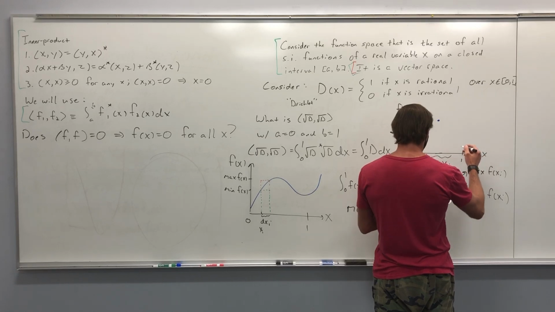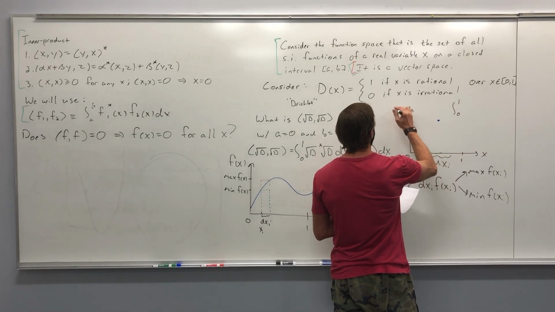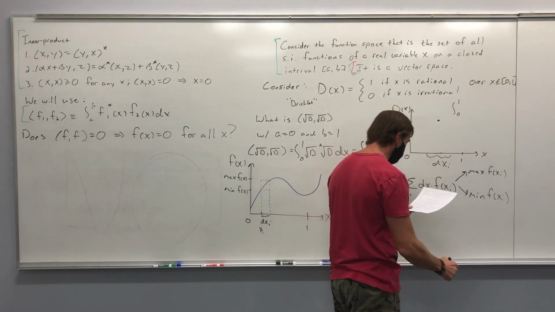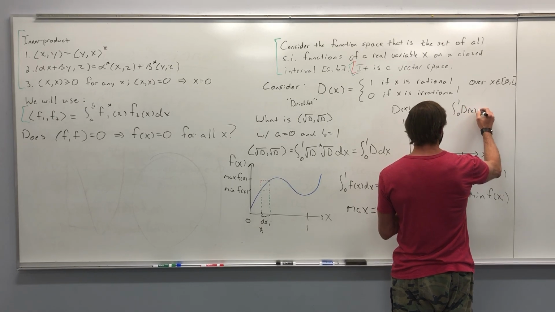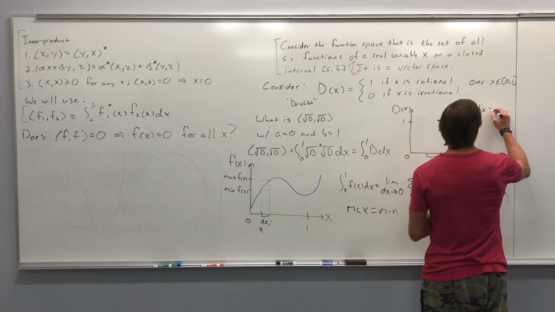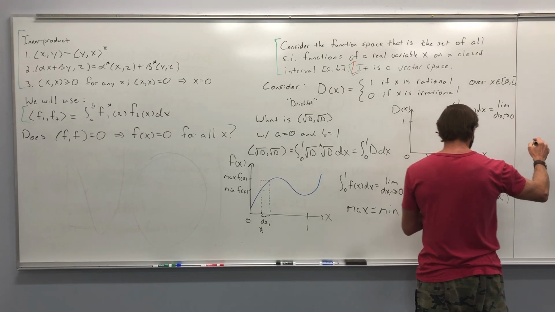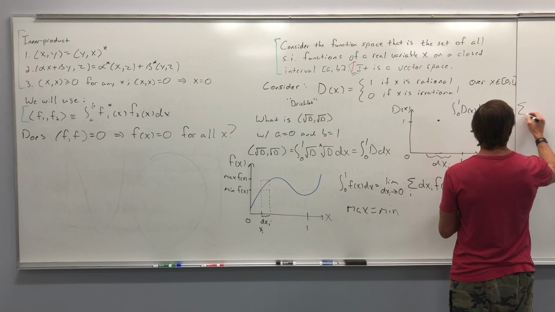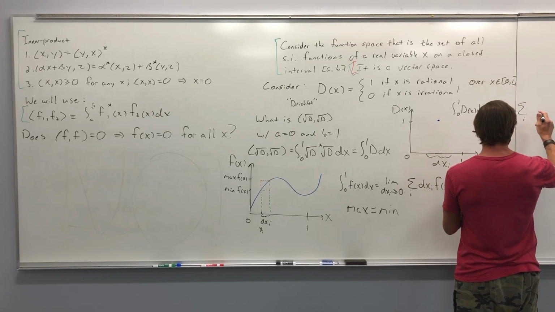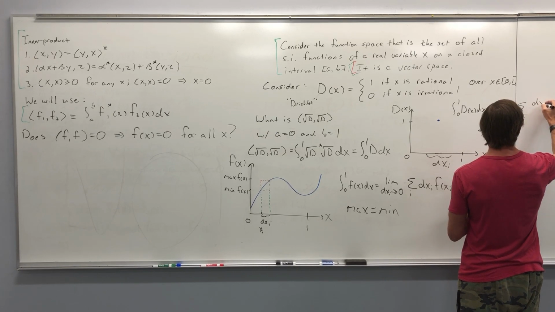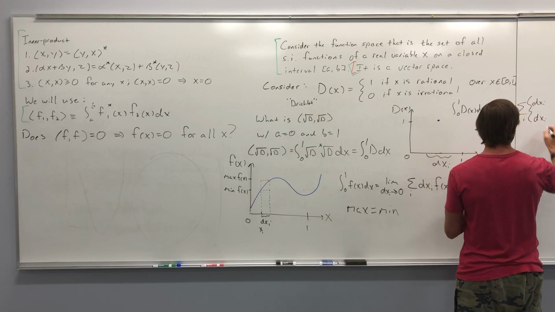So, if I define the integral of the Dirichlet function, as the limit as dxi goes to 0 of the sum over i of dxi, we have two possibilities.